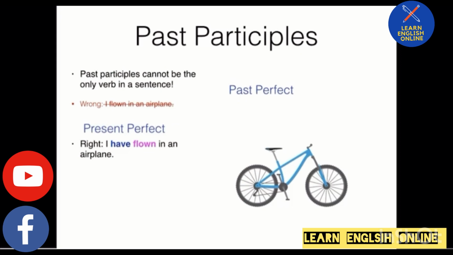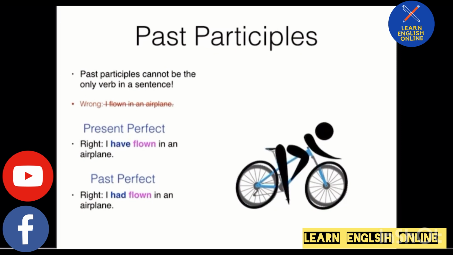We can also say, I had flown in an airplane, which is an example of the past perfect. So when we use past participles, we need a helping verb like have or had. If we try to use a past participle without a helping verb, it's kind of like a bike with no rider. It only works when there's someone to move it along.